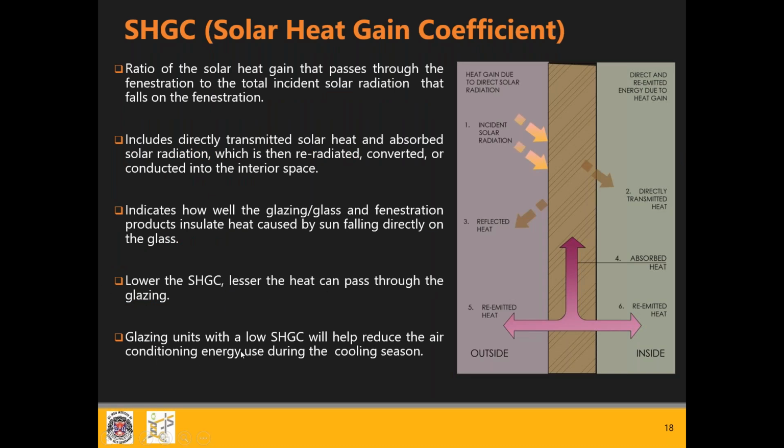Glazing units with lower SHGC will help reduce the air conditioning energy use during the cooling season. That means if my SHGC is lower, lesser heat will pass from outside to inside, and that means my cooling requirement for the space will be lower.